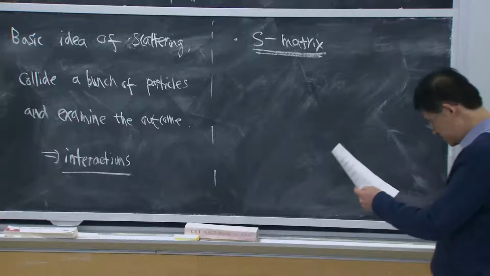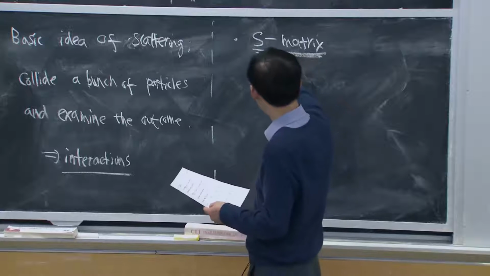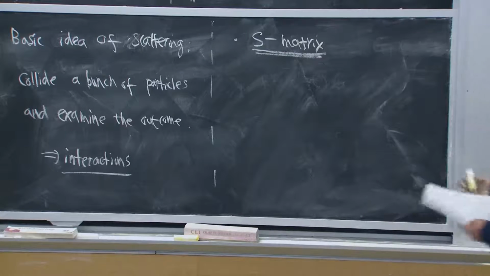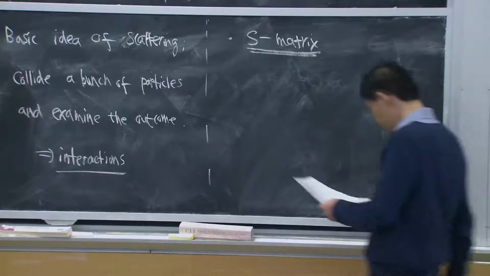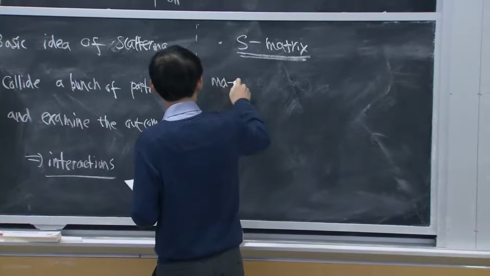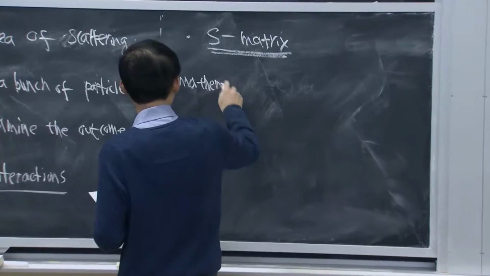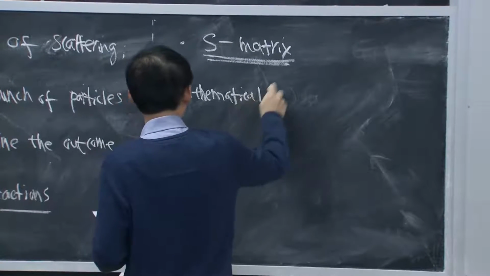To define the S matrix, we need a little bit of mathematical idealization, just as always in physics. So the mathematical idealization in order to define the S matrix is the following.